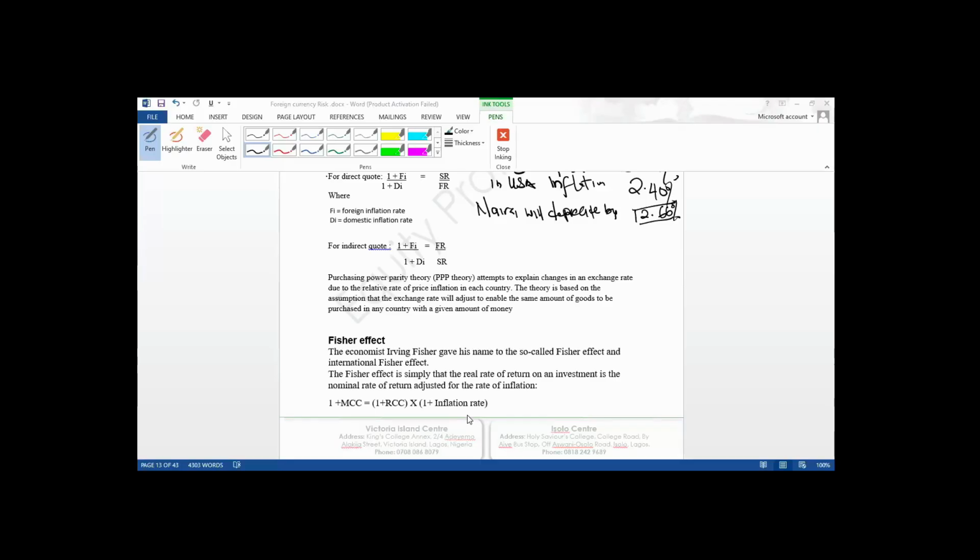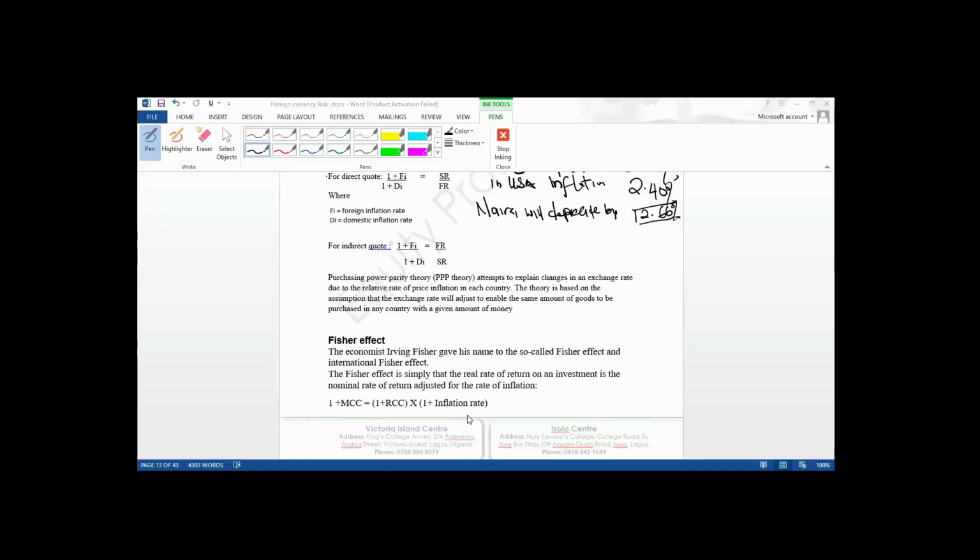The major problem is inflation. Inflation is the reason why interest rates are not the same. If you can tackle inflation, interest rates will be the same.